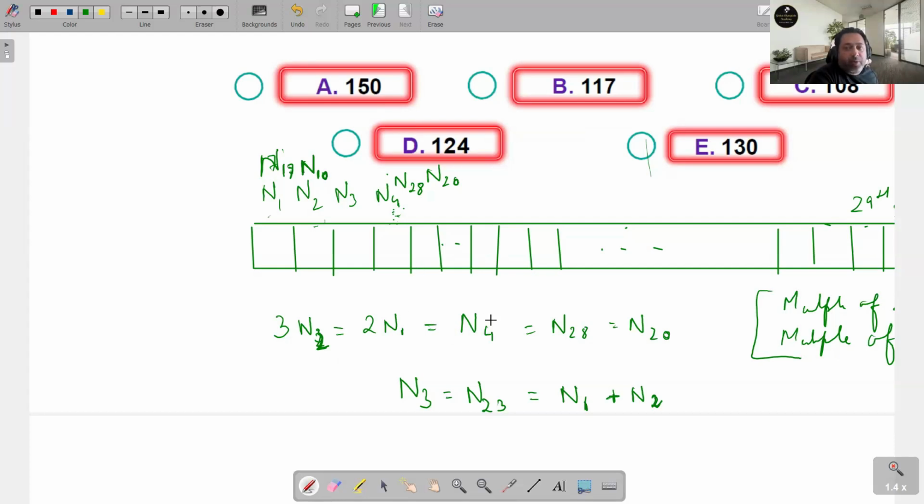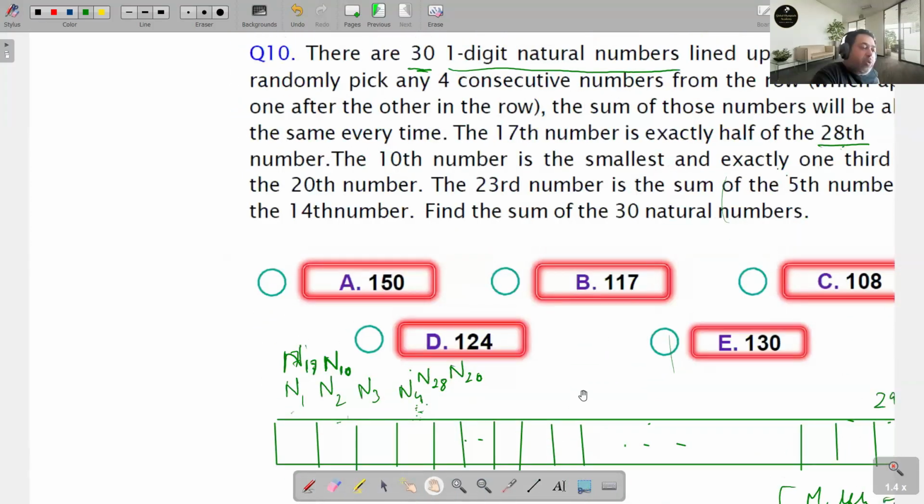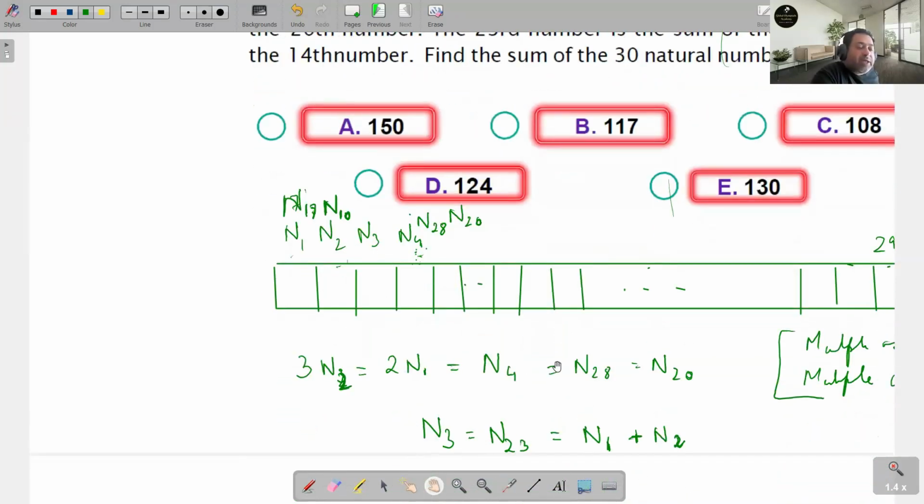So the number which is both divisible by 2 and 3, and they are all single digit numbers, there is only one natural number like that, and that is 6. Correct, because the second common multiple of 2 and 3 is 12, which is a 2-digit number. So our N4 is 6.